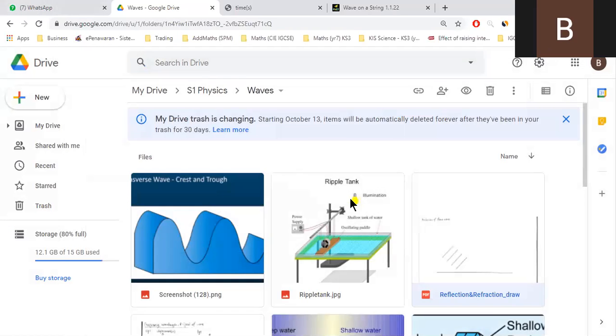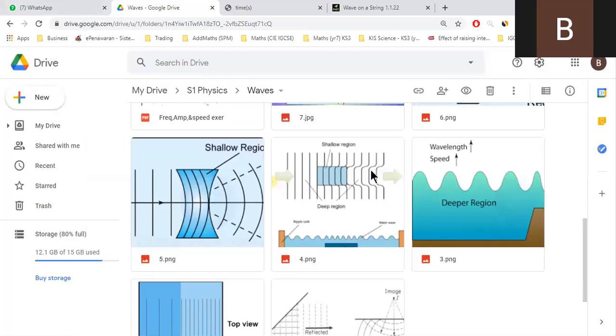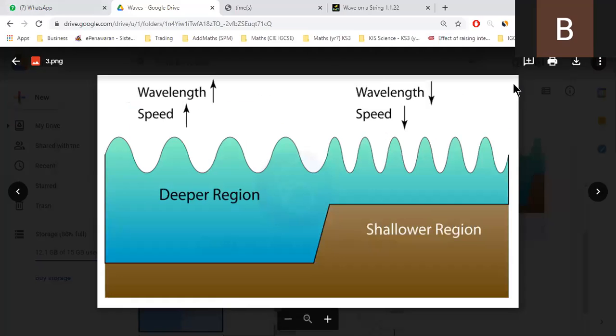Okay, let me bring up a picture. Now, let's look at this diagram.